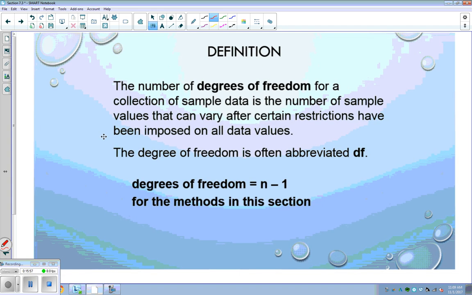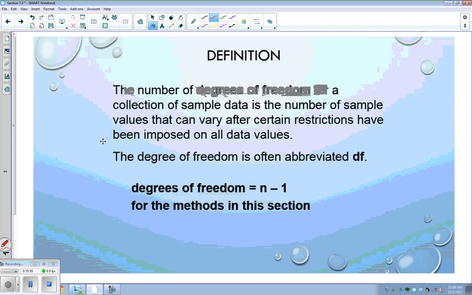So degrees of freedom, just so you have that definition, is for a collection of sample data. The way it comes about to be n minus 1 is this: let's say we had 10 scores on a test and the average was 80.